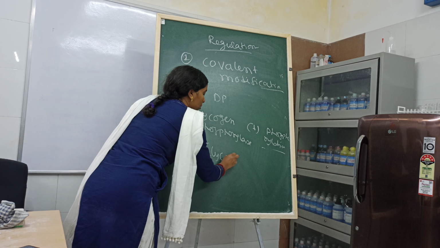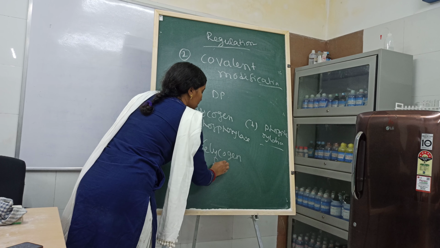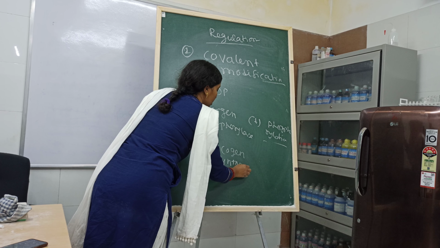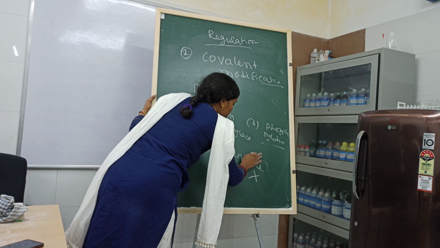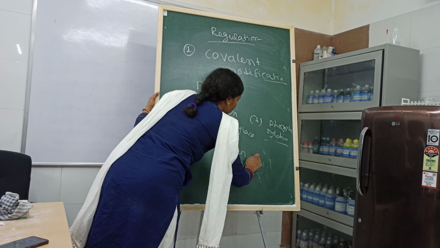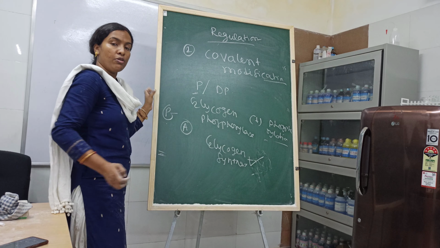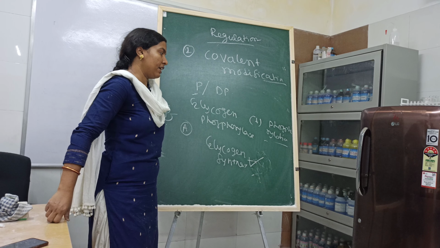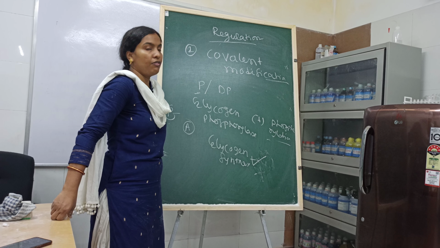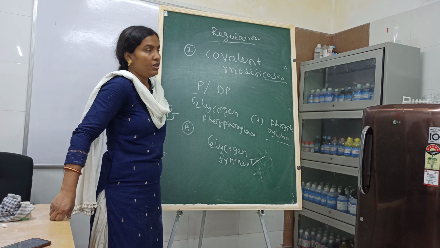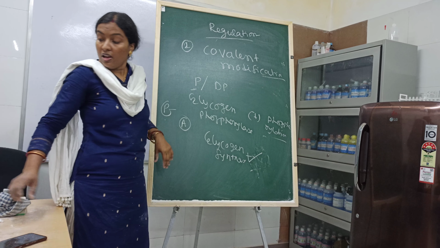Vice versa in glycogen synthase. When it is phosphorylated, it is inactive, but when it is dephosphorylated, it is active. So glycogen phosphorylase is active in the phosphorylated form, and glycogen synthase is active in the dephosphorylated form. This is the classical example.